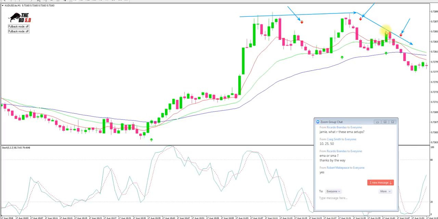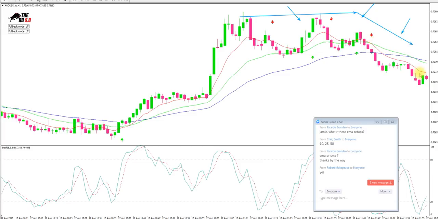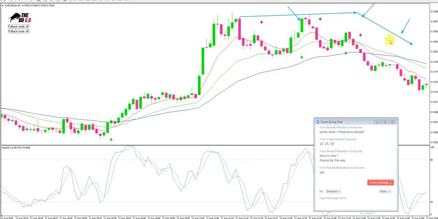So I can see at this point it looks like we're heading down. Okay, right, so what's going to happen at this point? What am I looking for? I'm looking for some kind of reversal in the market, correct? You see, the market's pulled down now, which is good, but this is where a beginner would make a mistake, because what the price could do at this point is just carry on going up.